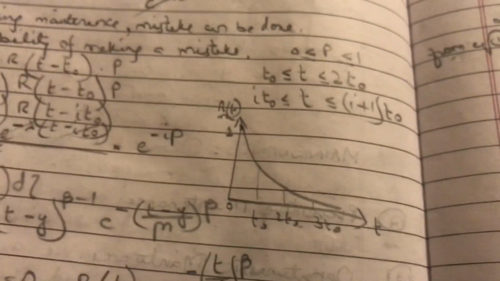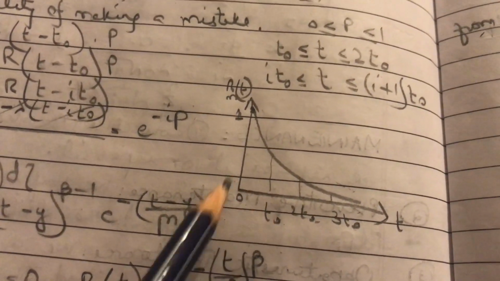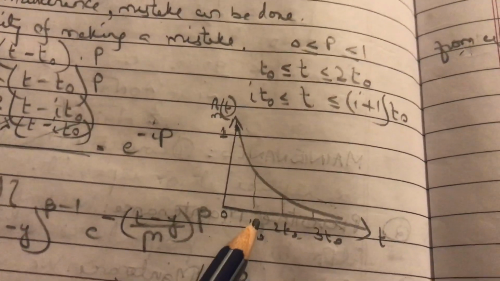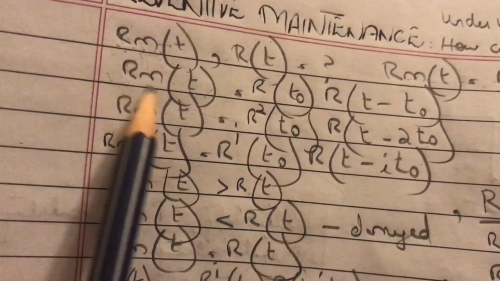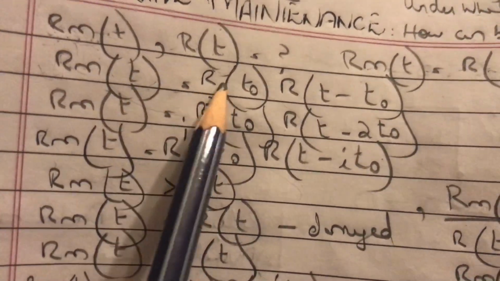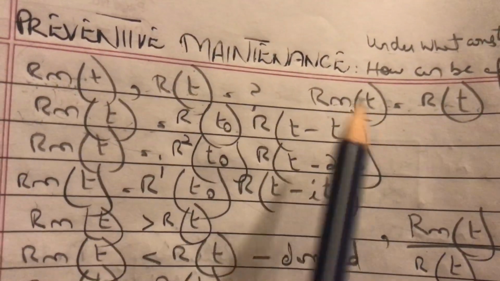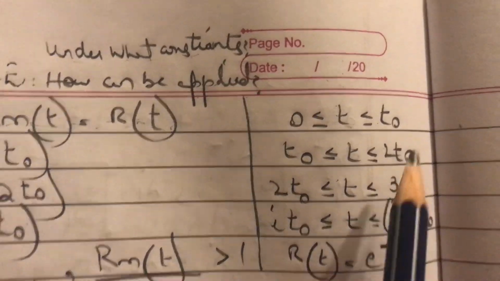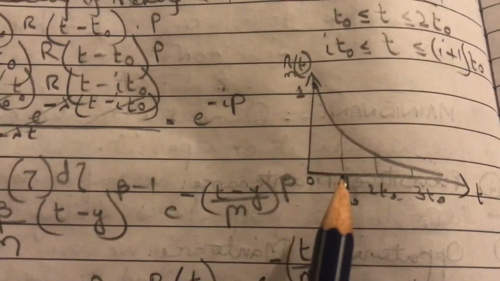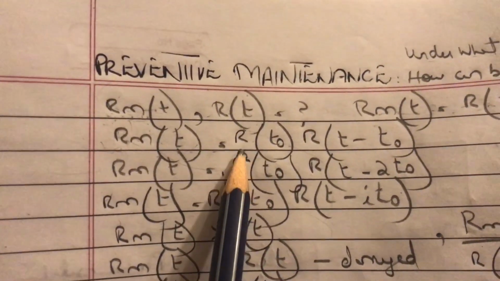Got it? The other one is Rm of t equals R of t0 times R of t minus t0. When does this equation come in? When we are in the limit from t0 to 2t0, we have an equation in this form.